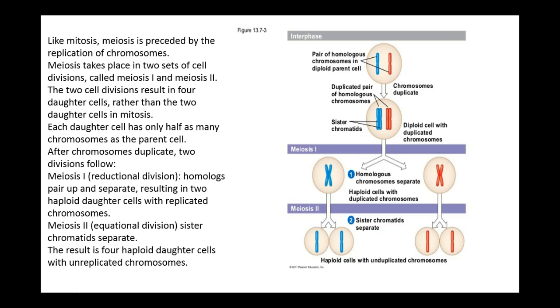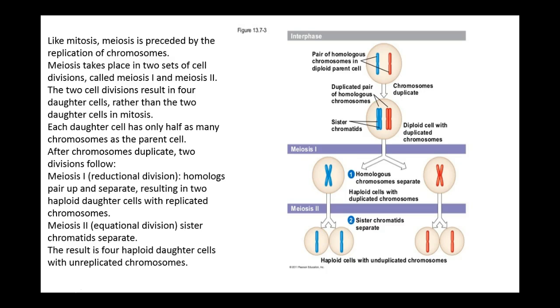To fast forward, but we'll flesh this out individually, there is a replication of the chromosomes before meiosis 1 starts, but there is no replication before meiosis 2 starts. That way you actually have this reduction of chromosomes. Each of the daughter cells has only half the chromosomes of each parent.